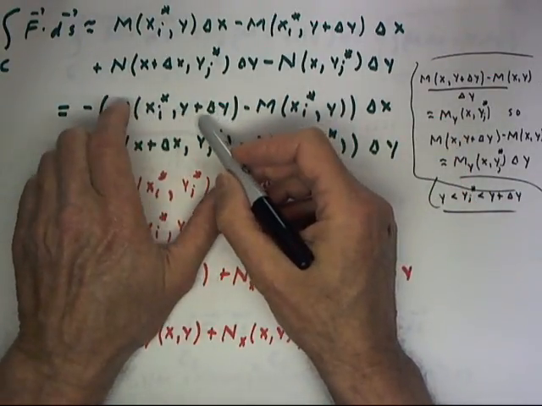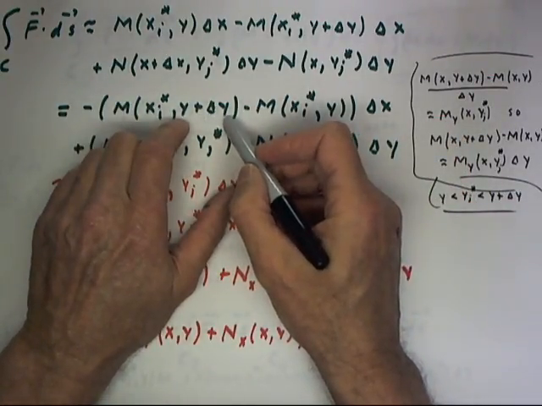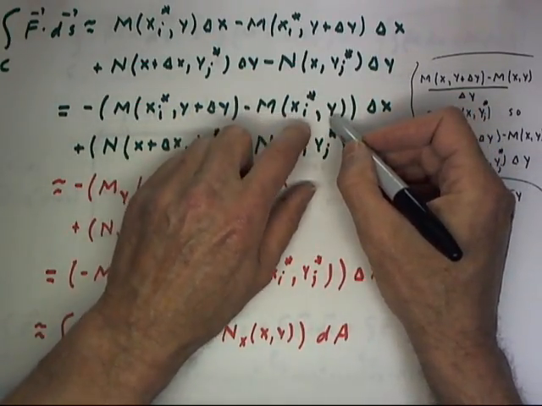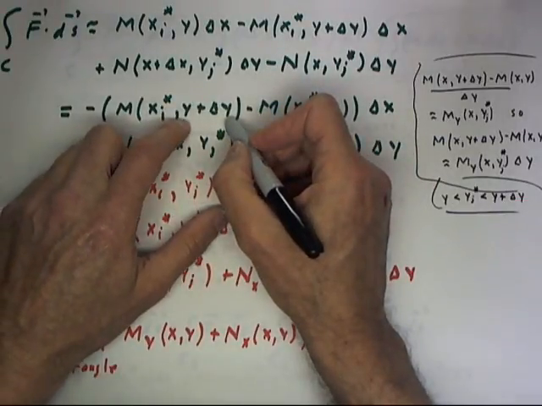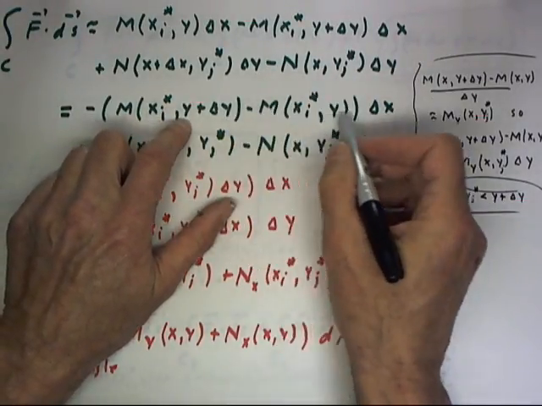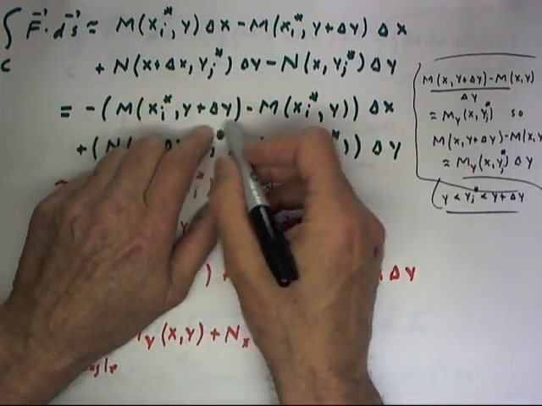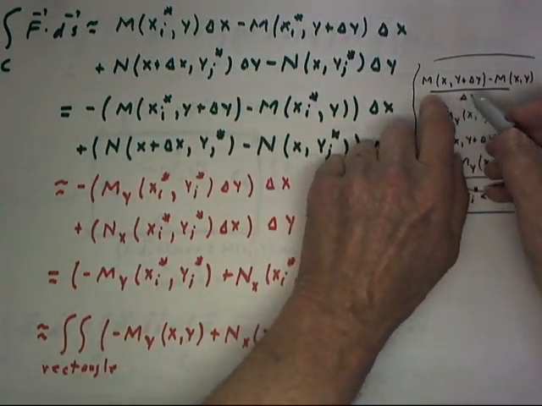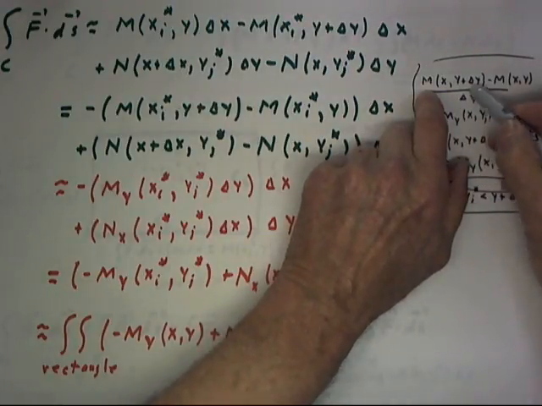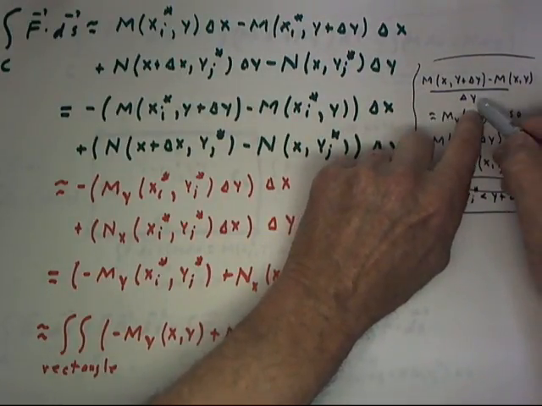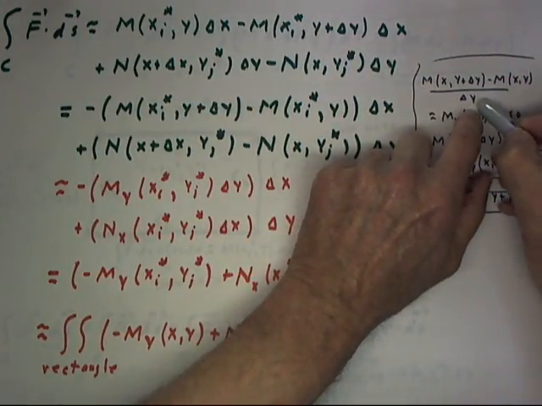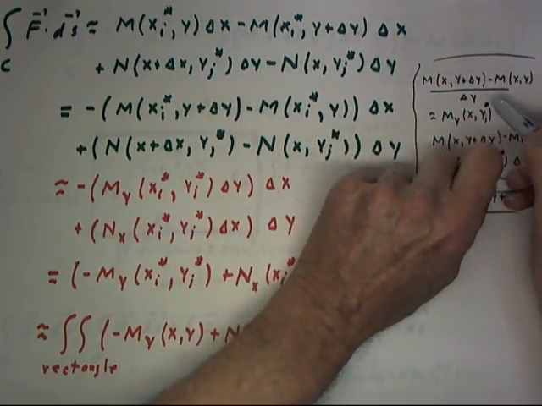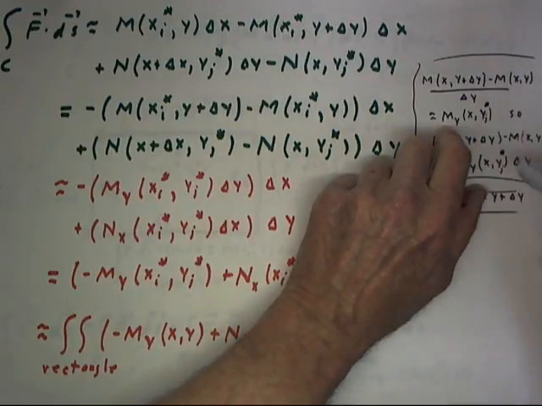When we subtract the value of an expression at y from the value at y plus delta y, that should pretty much remind us of the definition of a derivative. Remember that if we do m of x y plus delta y minus m of x y divided by delta y, and take the limit as delta y goes to 0, we just have the expression for the y derivative of m.